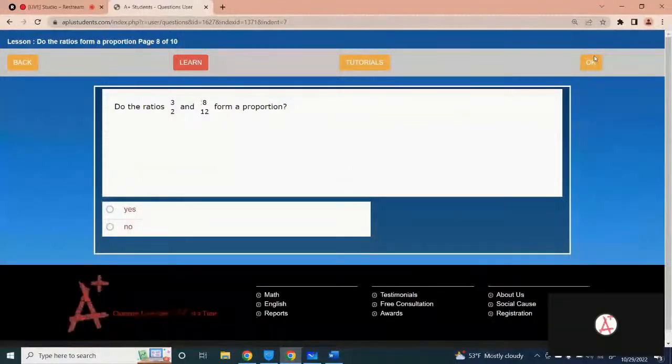Okay, do the ratios 3 by 2 and 48 by 12 form a proportion? Do you know the answer? Is it yes or no?